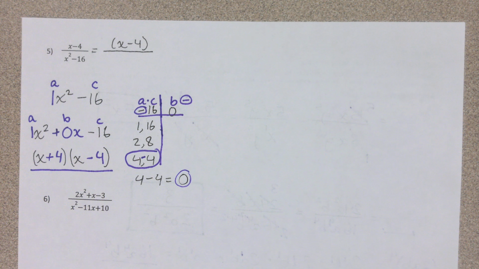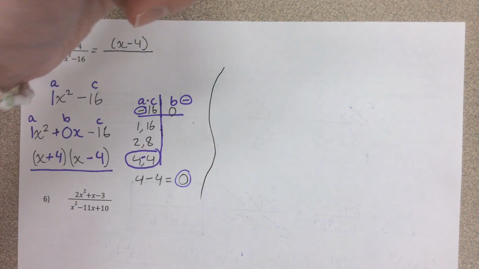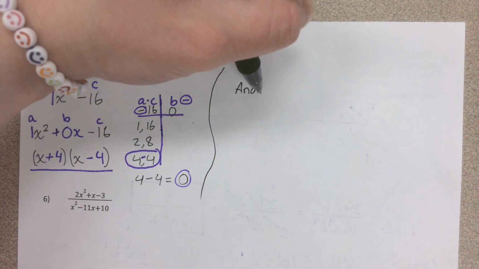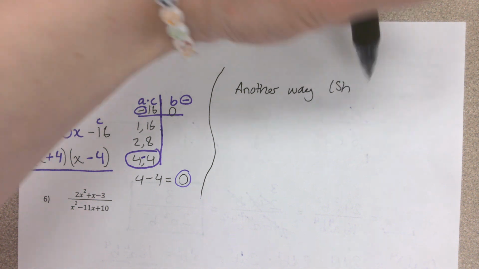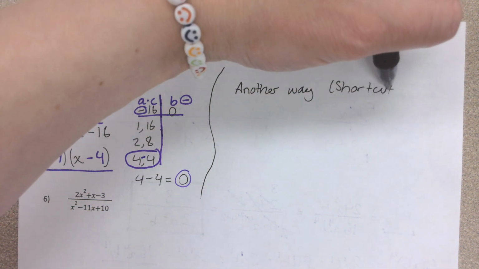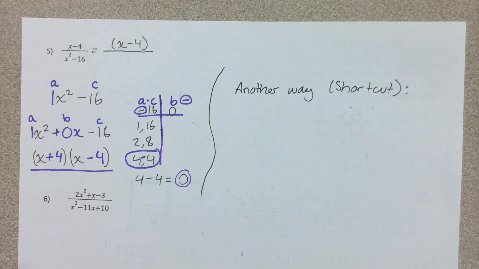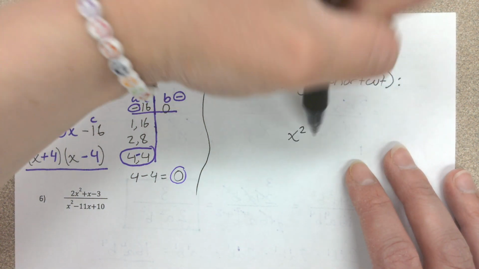Now I'm going to show you the other way. You can also see it as a shortcut because it very much is a shortcut. I'm going to write out the problem again.